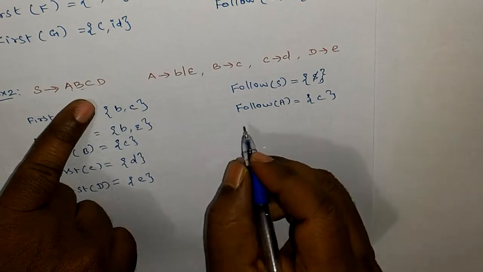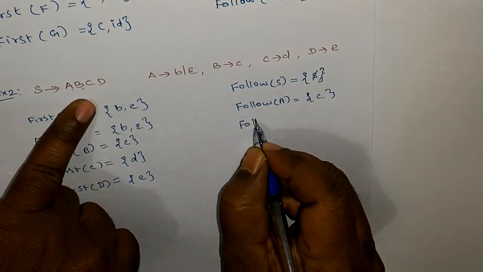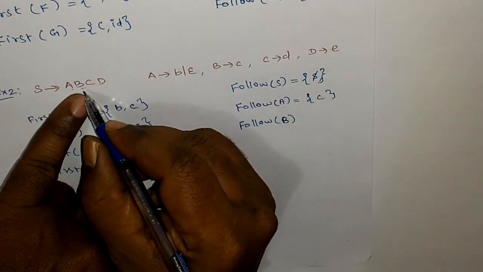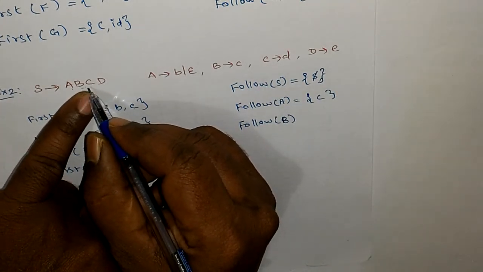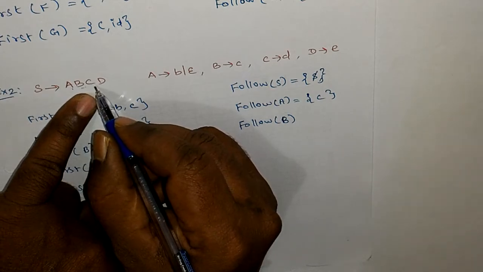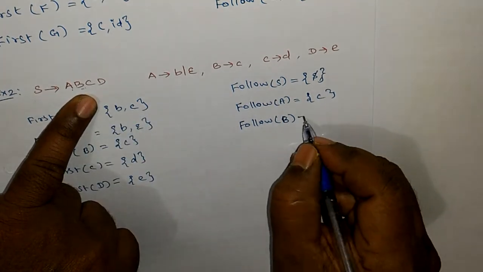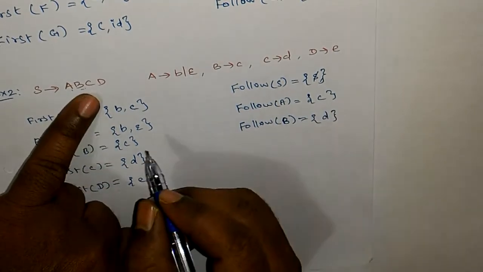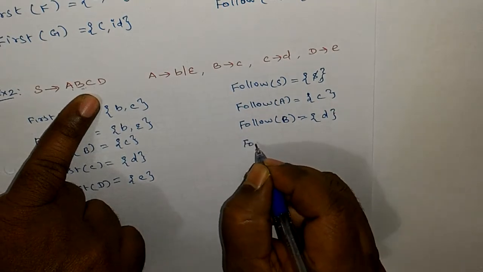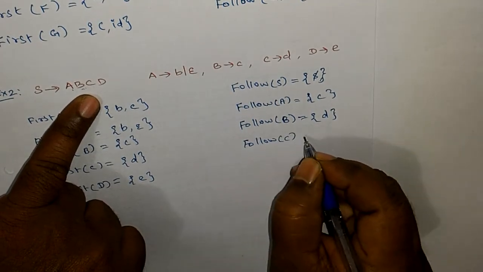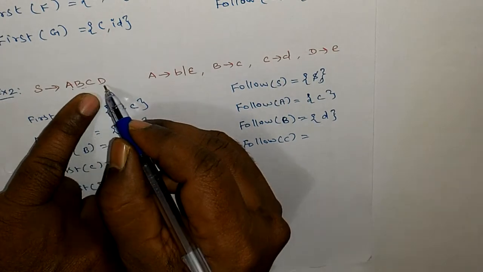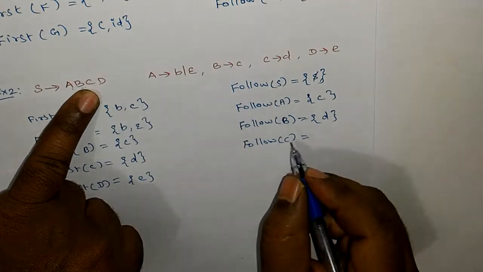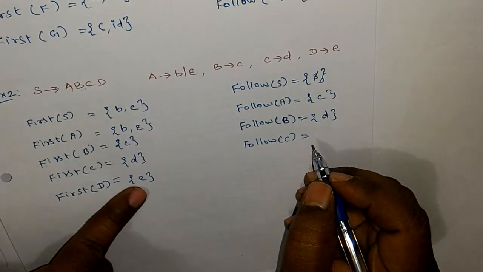Then follow of B has C after it, so first of capital C, which is d. Then follow of C has D after it, so first of D, which is e.